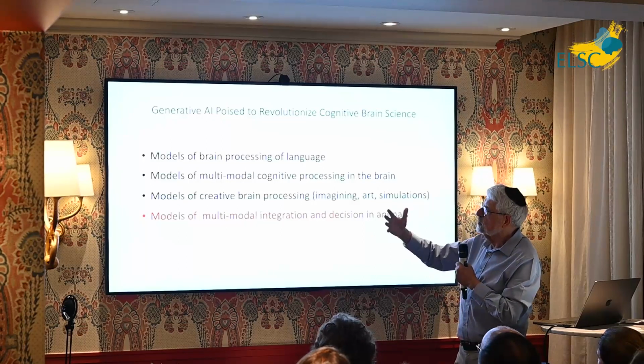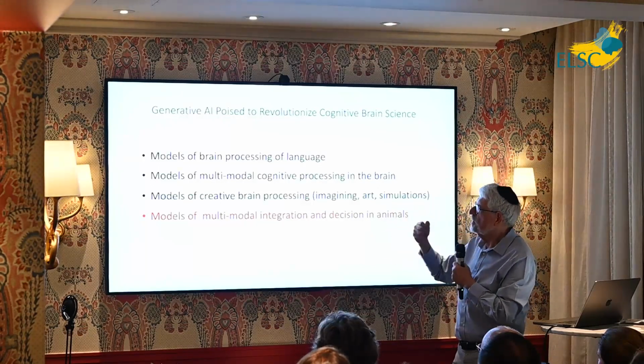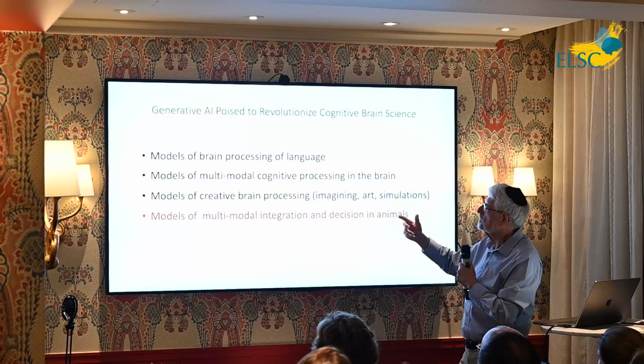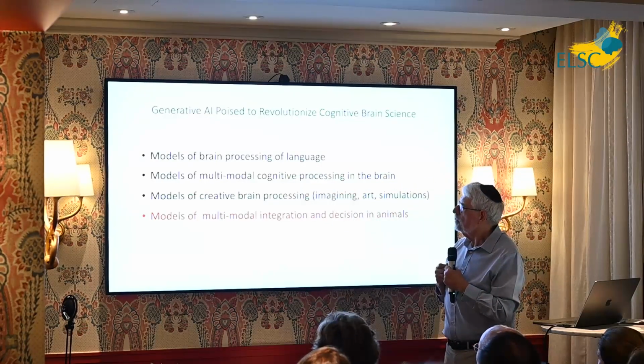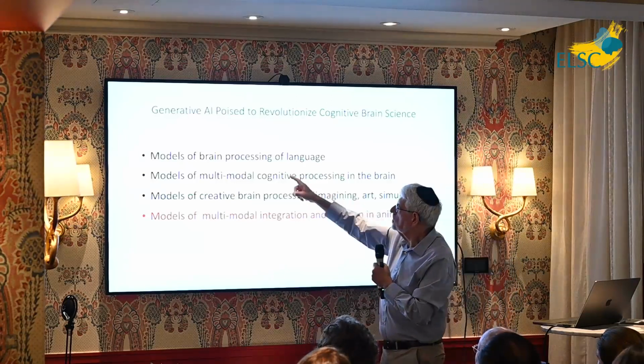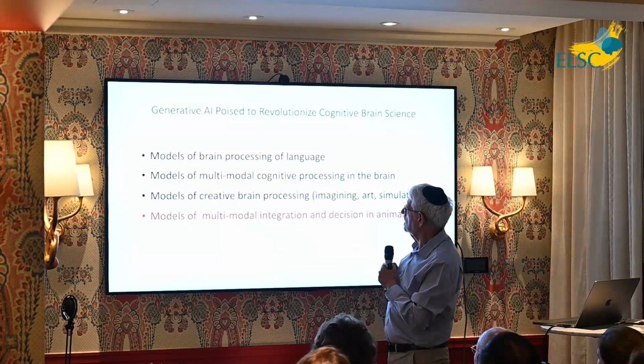So once you go to contextual vector embeddings and training with that amount of data, all of a sudden we have processes which look like very good candidates for language processing.